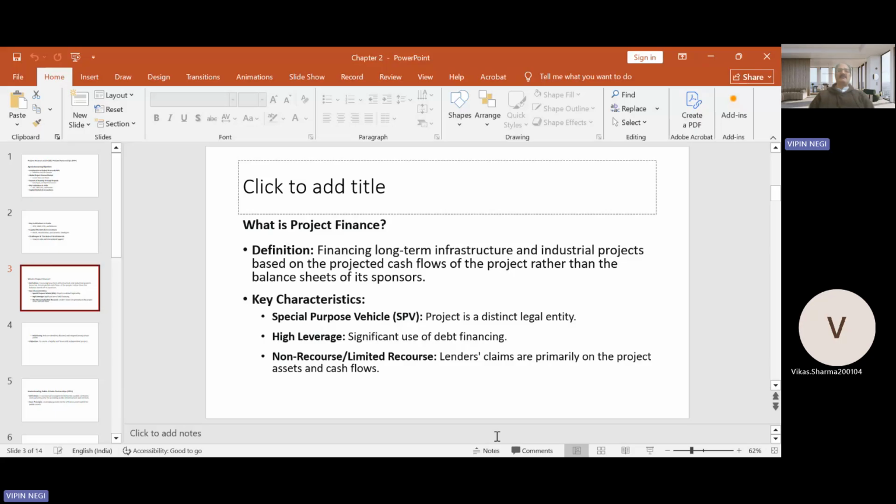The project is a distinct legal entity. Then high leverage, significant use of debt financing. And third is non-recourse or limited recourse. So lenders' claims are primarily on the project assets and cash flows. These are the three main characteristics of project finance.